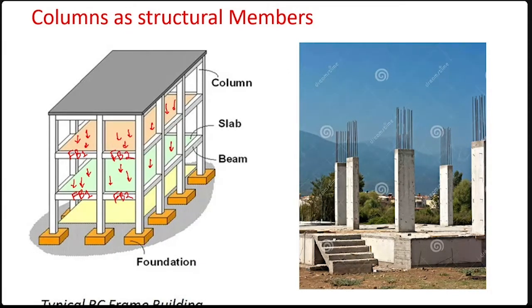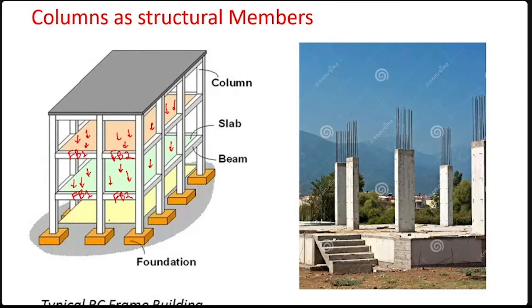So if you have a 50-story building, a certain beam located at a certain position will have the same design. You don't have to design a beam for every floor. You design the beam only for a typical floor and you give the design to the contractor. He will construct the same beam at the same location in the same way for all floors. That's the answer to your question.